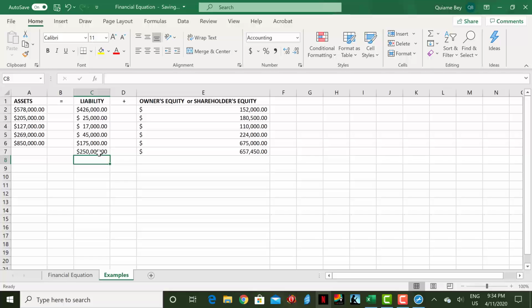How much will the company present as its total current assets at the stakeholders meeting? To find the total assets, we simply add liability plus stockholders' equity, which gives us a total of $907,450. $907,450 will be the amount of total assets presented at the shareholders meeting.